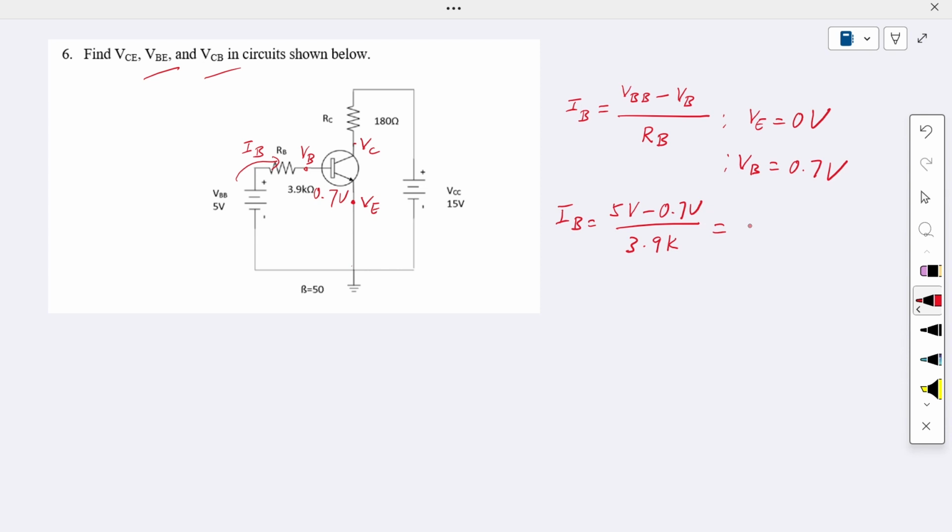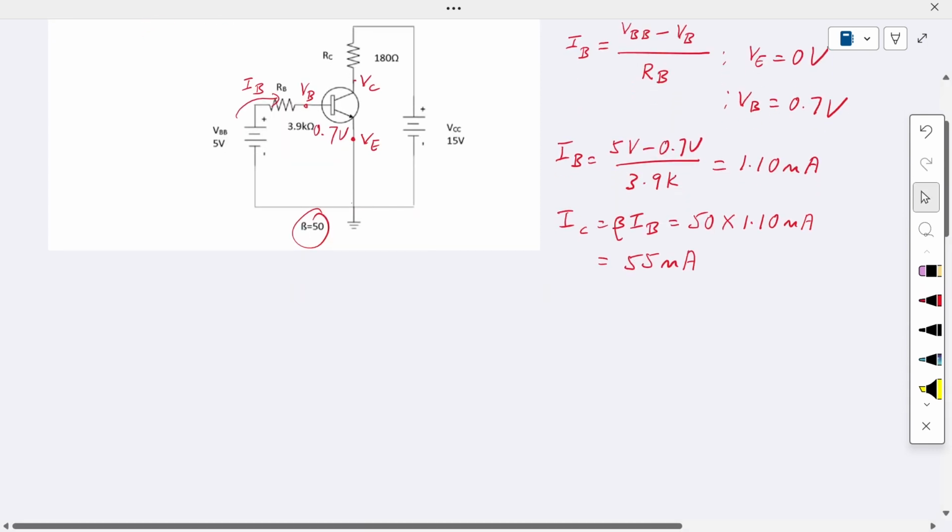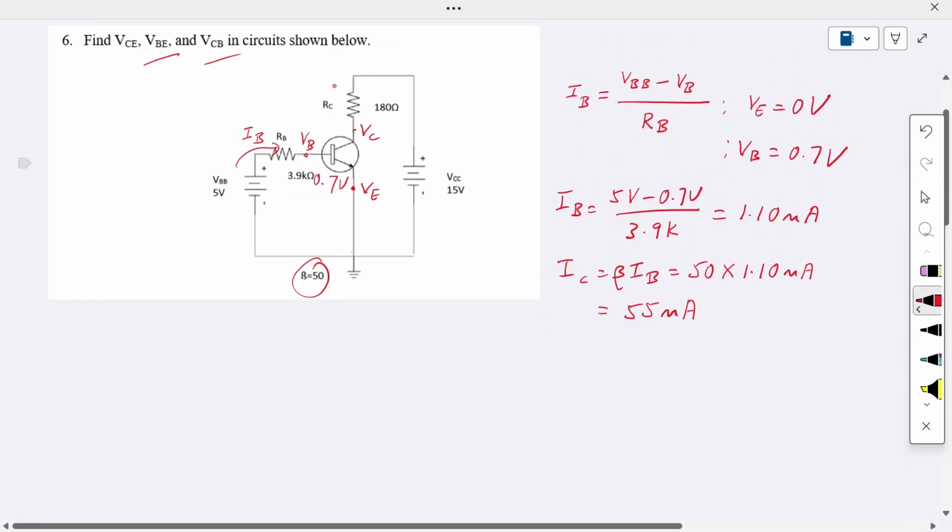We get the base current 1.10 milliampere. To find the collector current, IC is equal to beta times IB. Beta is 50 times 1.10 milliampere, so we get the collector current 55 milliampere.